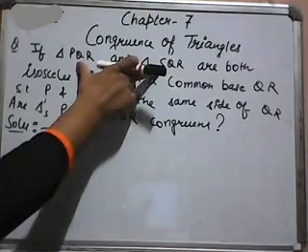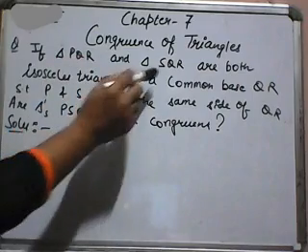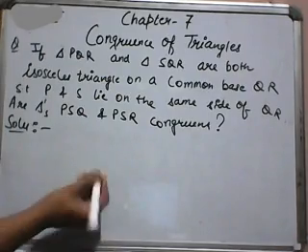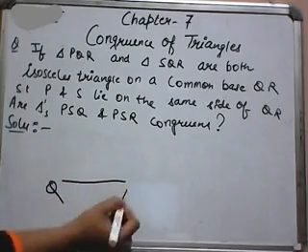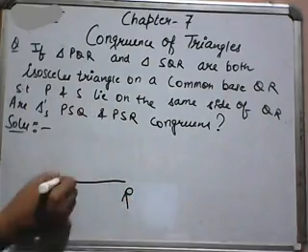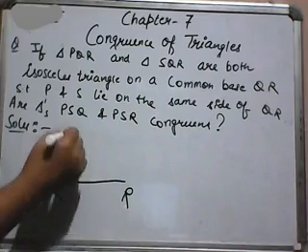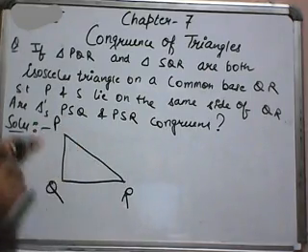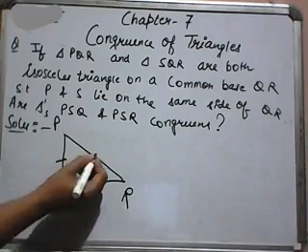Both triangles are isosceles, so two sides of each triangle are equal, and both are on a common base QR. We make triangle PQR. PQR is an isosceles triangle. Suppose PQ is equal to PR.